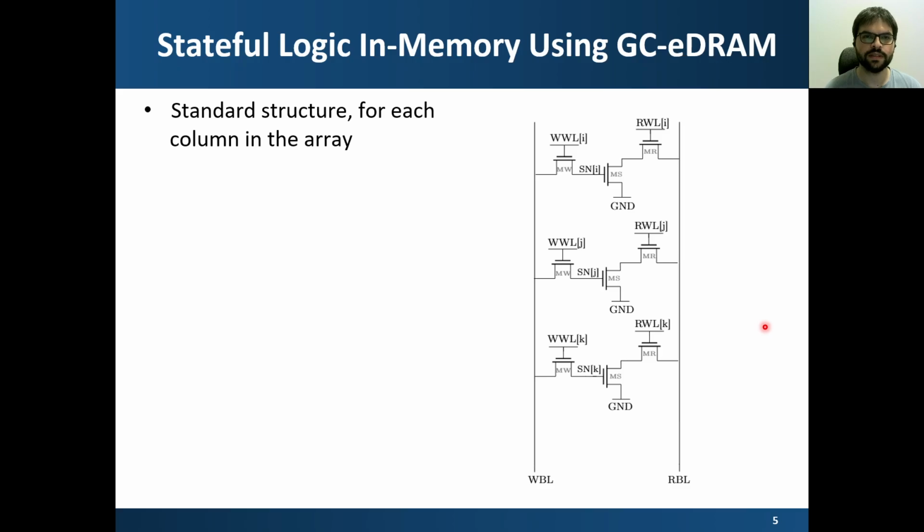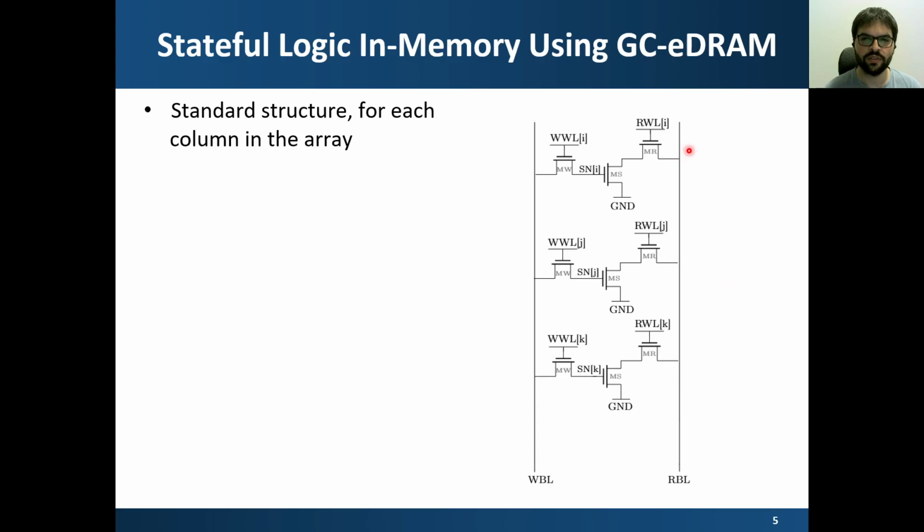So how can we implement stateful logic in memory using GC eDRAM? If we look at the standard structure of a GC eDRAM array, here we have a single column. One row is multiplying this column to create a row.